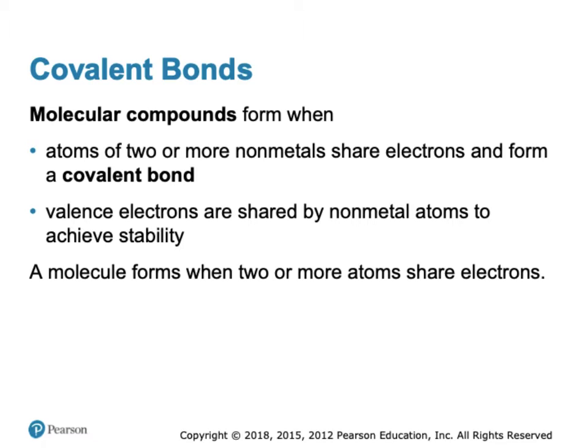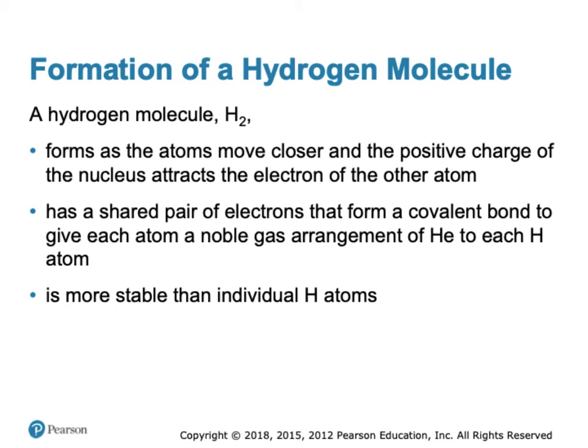They do not have to be shared equally, and they are going to be shared so that we form a stable octet around each atom. So according to the Lewis model, Lewis was a scientist that developed this model, a pair of electrons in a covalent bond functions in two ways simultaneously.